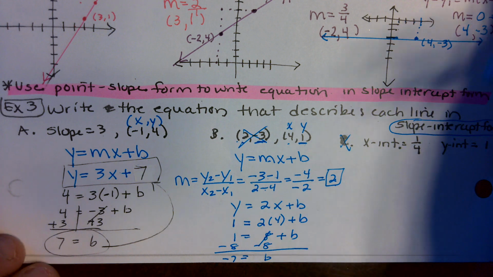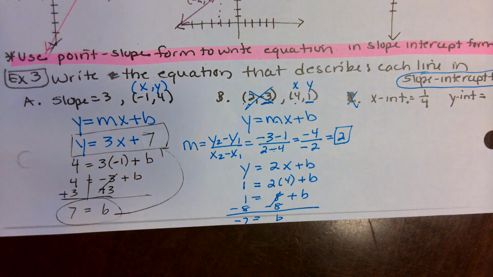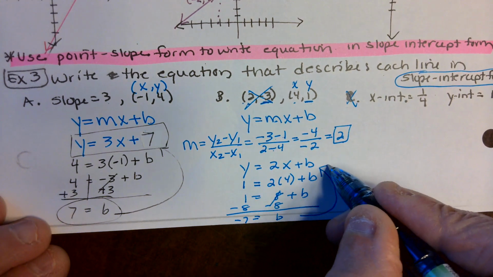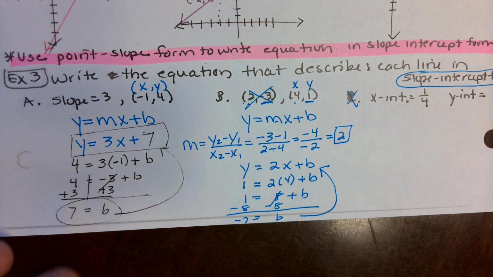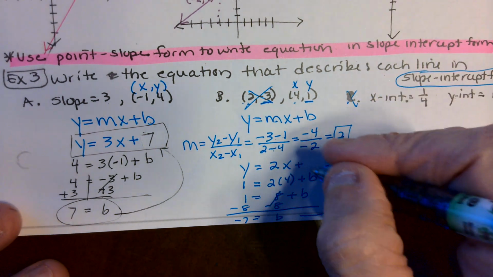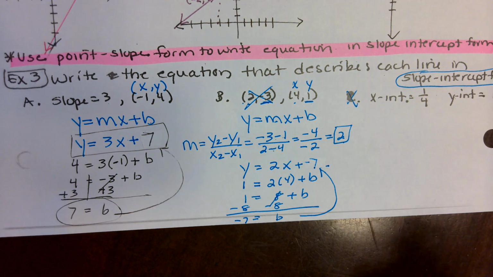See if you got the same thing. Now what do I do? I just got to seal the deal, you guys. Where does that -7 go? Right there, exactly. Take that out and put that -7 in.